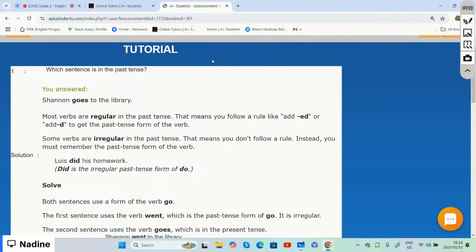And remember, we said that when it comes to the past tense, then we have irregular past tense, and that means that you do not follow any rule, but you're going to have to remember the past tense form.